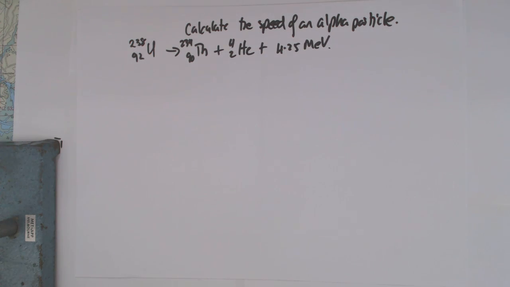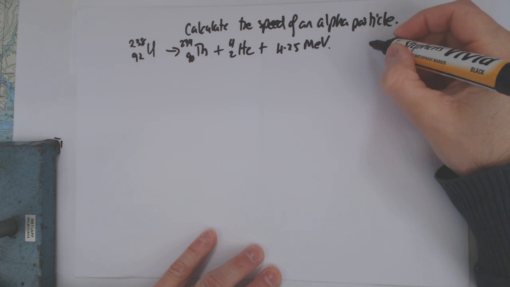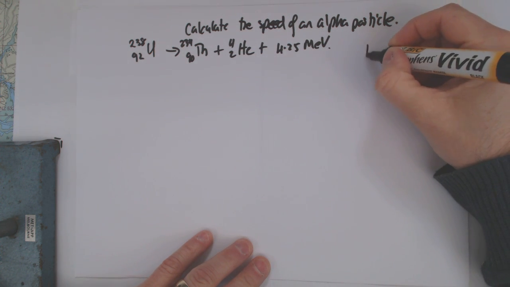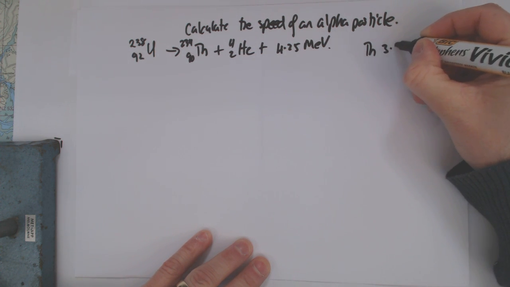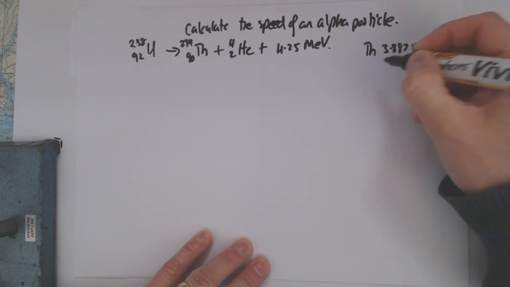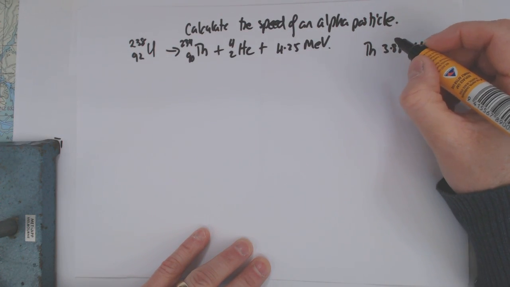There's a few things going to come out of this. Let's have a look at the masses first. Thorium's mass, we'll take as 3.887 times 10 to the minus 25 kilograms. Quite a big mass because it's got all those particles, 234 nucleons.